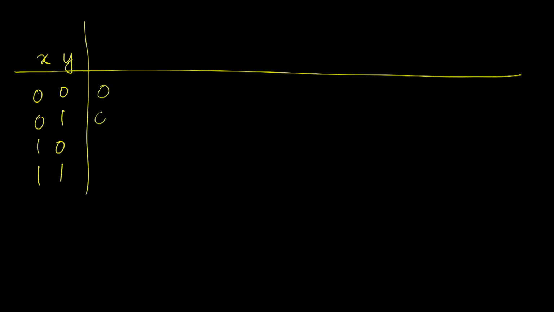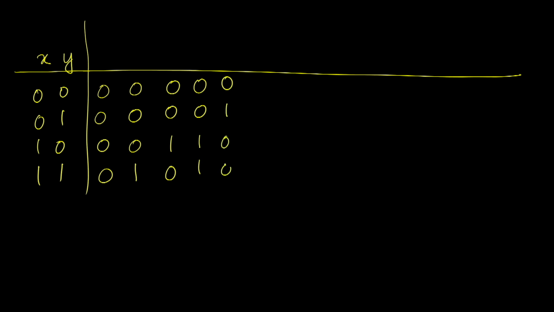So the first one is 0, 0, 0, 0, and the next one is 0, 0, 0, 1. Third one is 0, 0, 1, 0, and the fourth one is 0, 0, 1, 1, and the next one is 0, 1, 0, 0, then 0, 1, 0, 1, 0, 1, 1, 0, 0, 1, 1, 1.